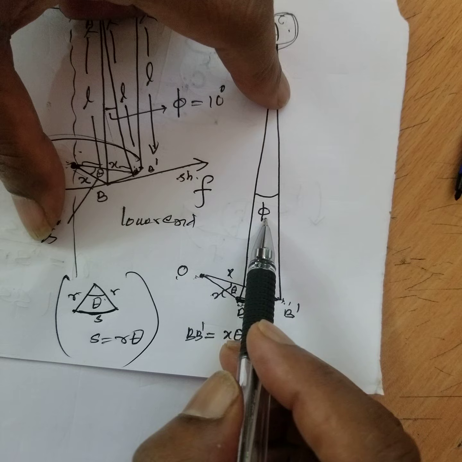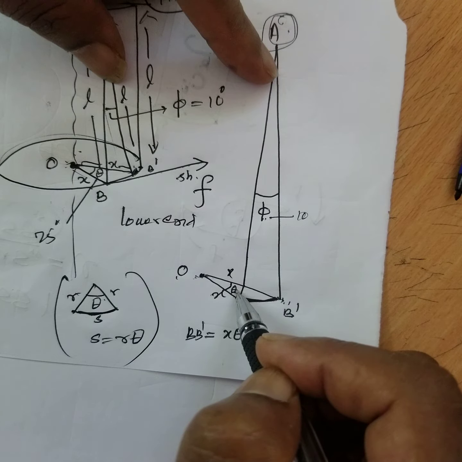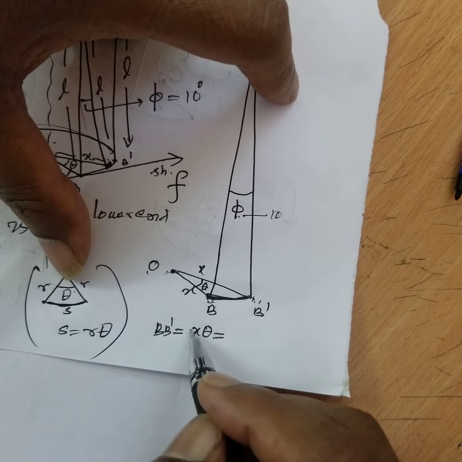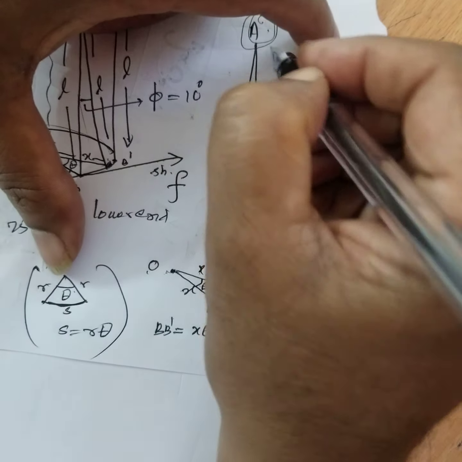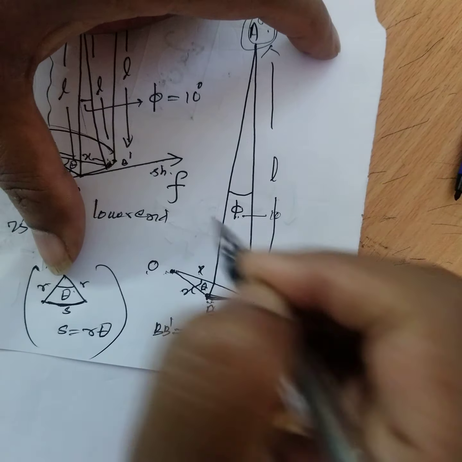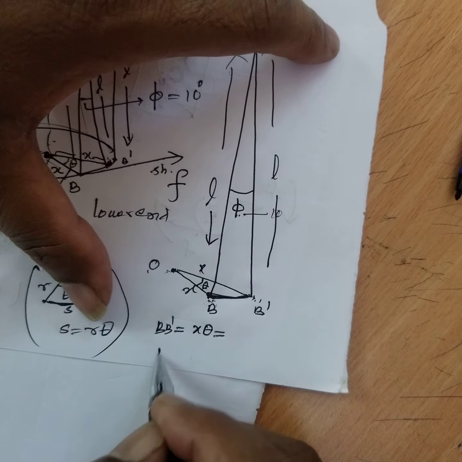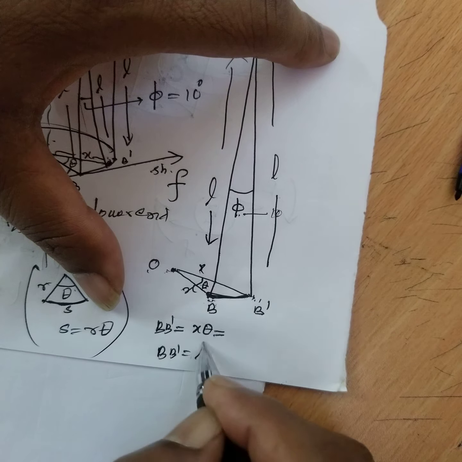This angle is not the same as this angle; this may be 10 degrees, this may be 25 degrees. This is also L. So B dash is also equal to L phi.